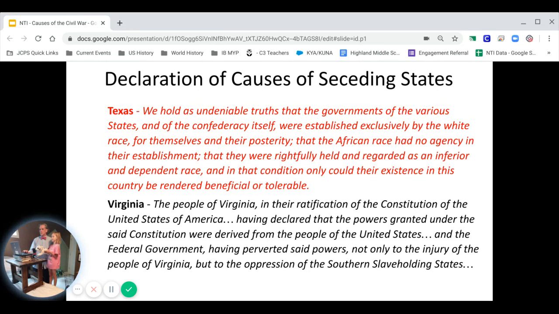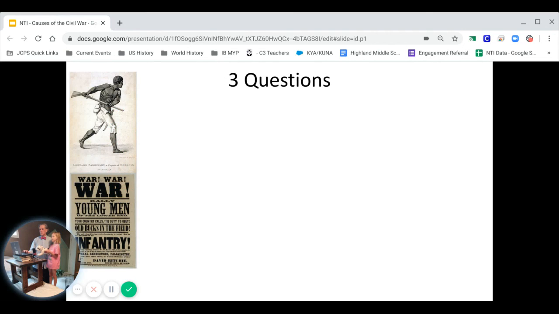So what Virginia is saying, we ratified the Constitution, and the power should be for the people, and that the federal government is oppressing or keeping down the southern slaveholding states. If you can imagine the twisted logic that would go into that, you are oppressing us by threatening our institutionalized oppression of others.